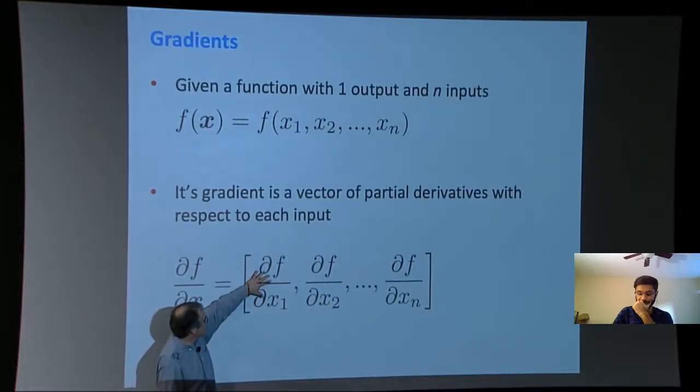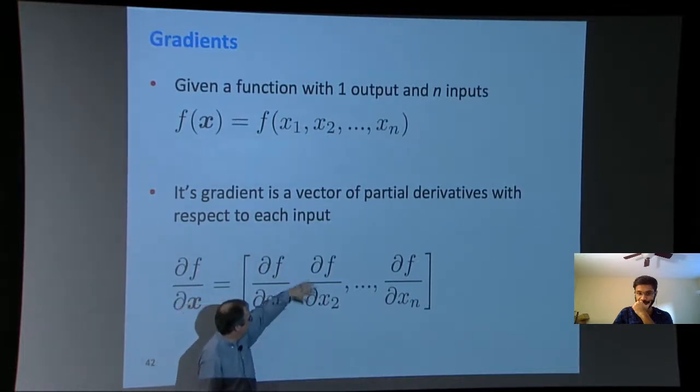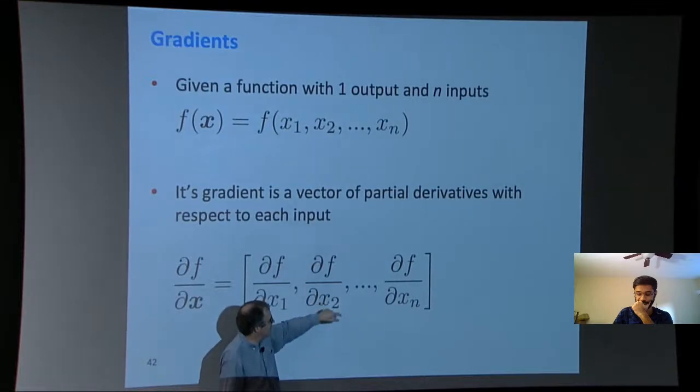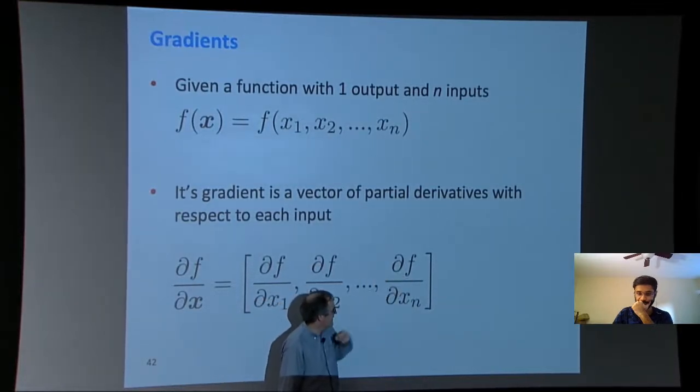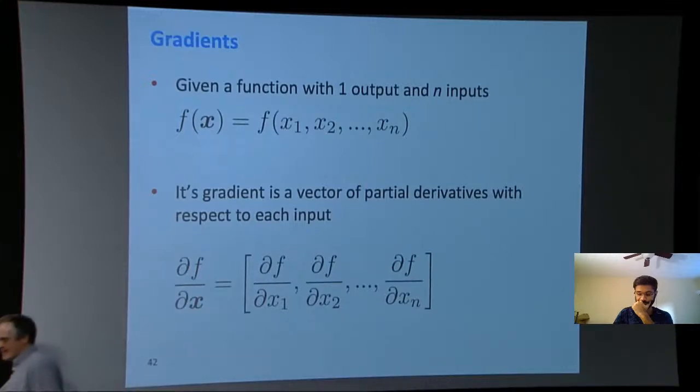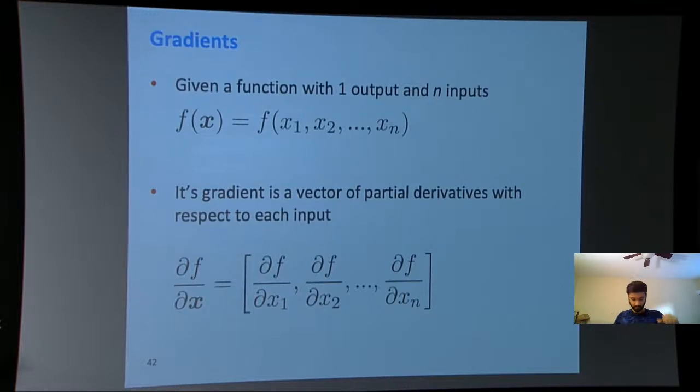So you take the slope of the function as you change x1, the slope as you change x2, through to the slope as you change xn. Each of these you can calculate as if you were doing single variable calculus, and you just put them all in a vector, and that gives you the gradient. The gradient in multi-dimensional space then gives you the direction and slope of a surface that touches your multi-dimensional function f.